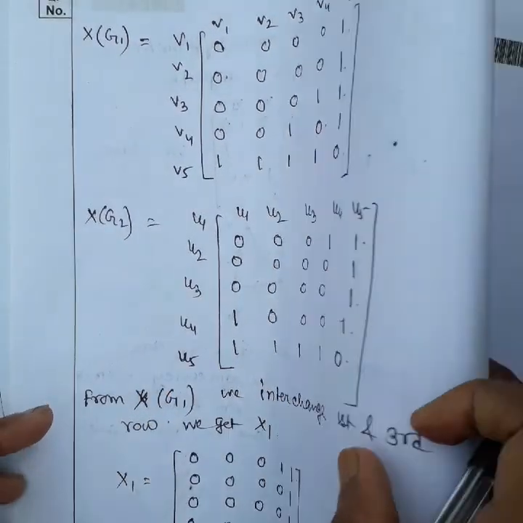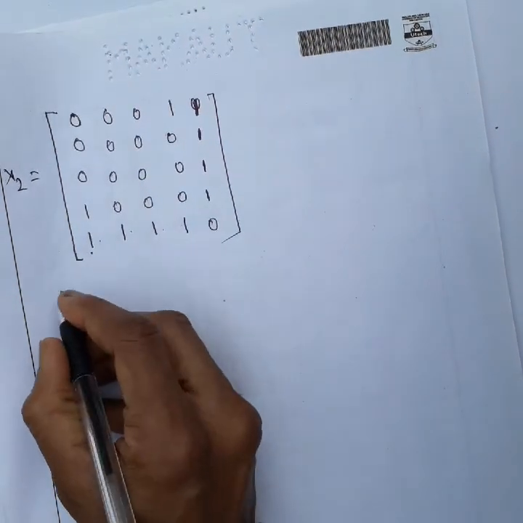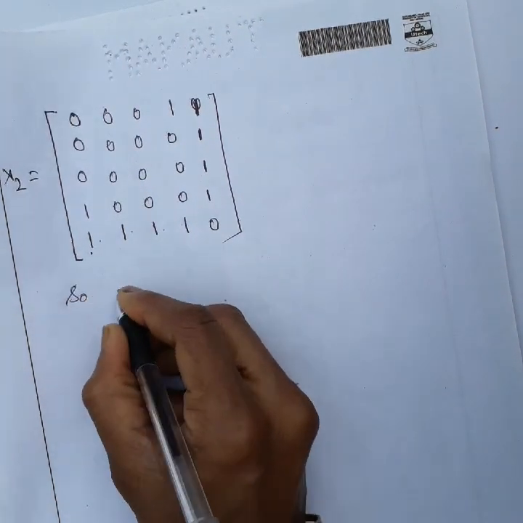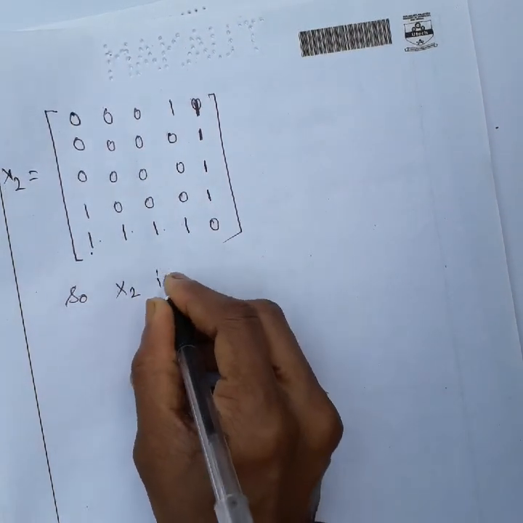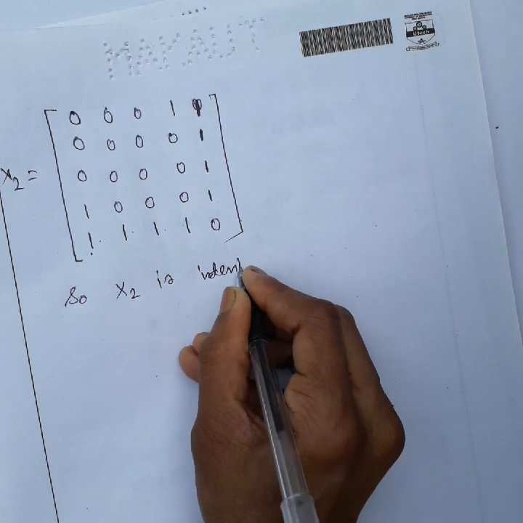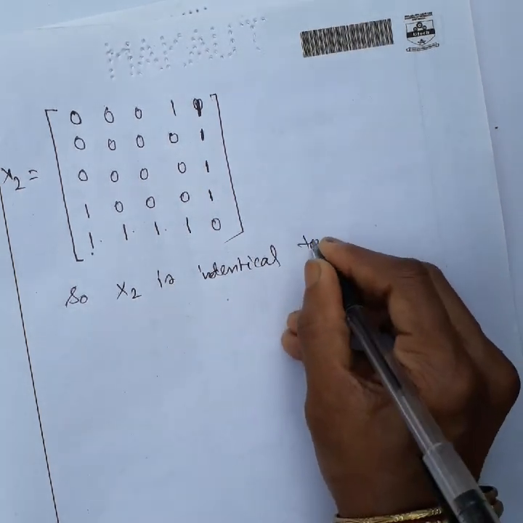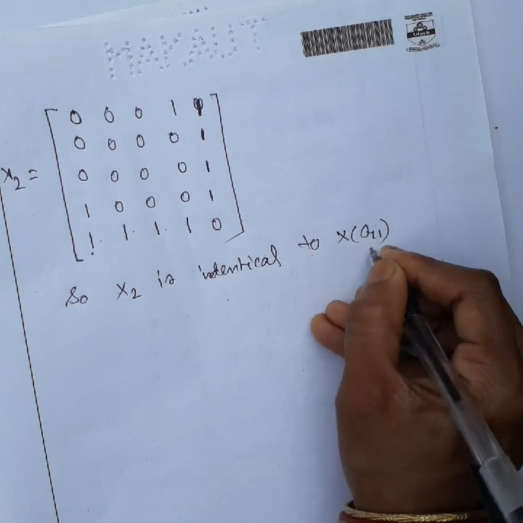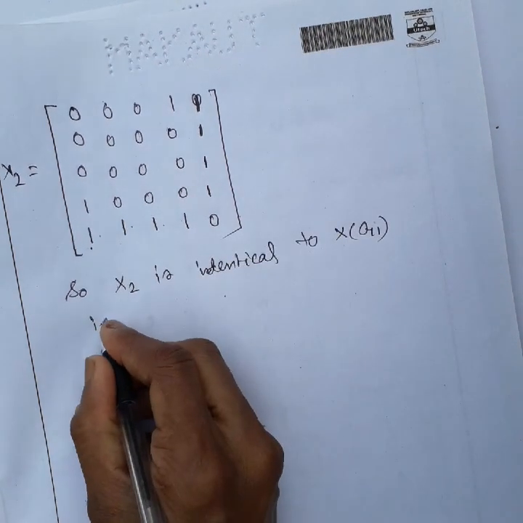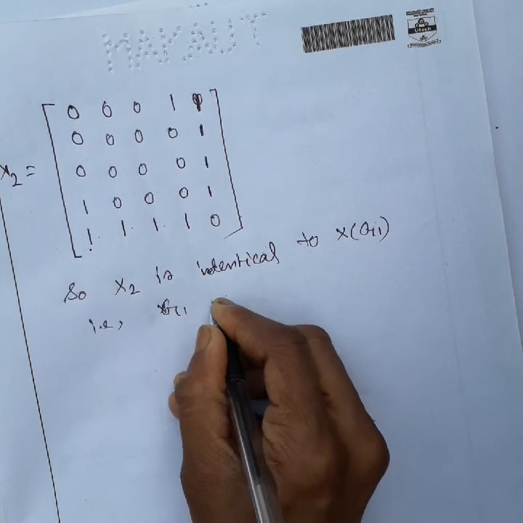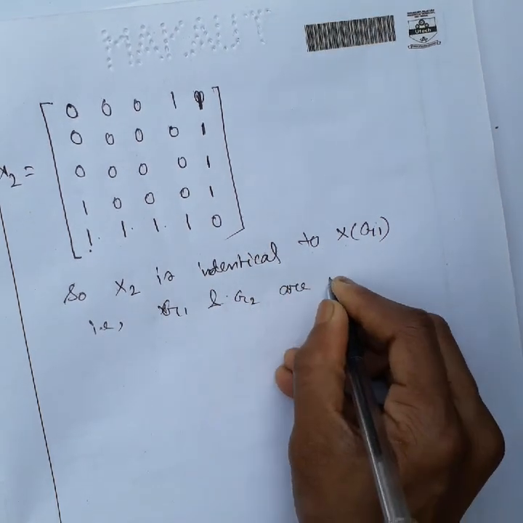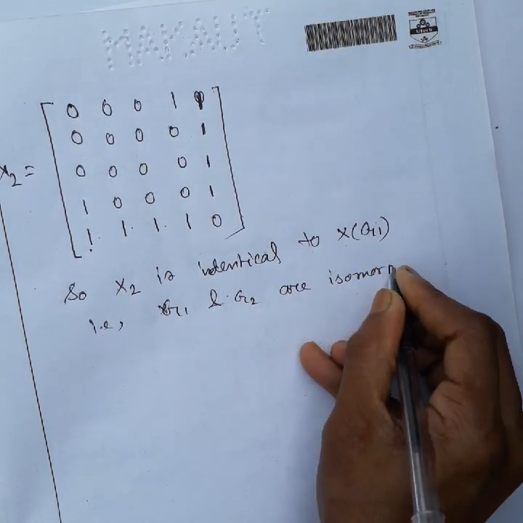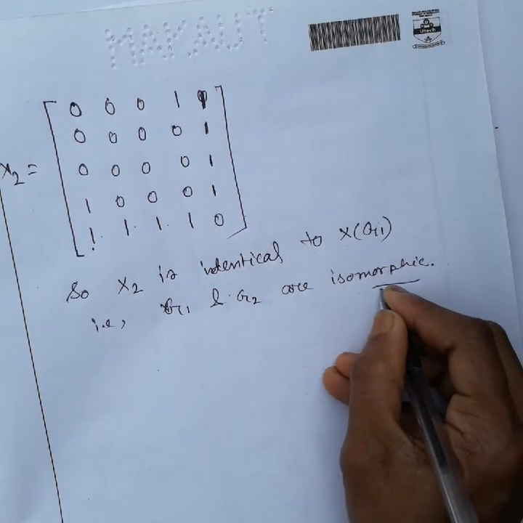That means G1 and G2, the two graphs, are isomorphic.